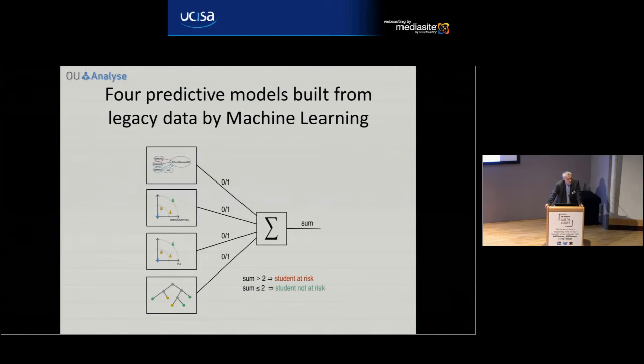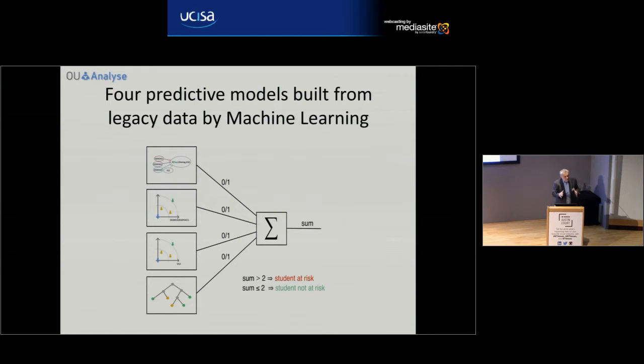Then we have two models which are using case-based reasoning. It's like in a legal system. We have the student, the pawn in the center, and around the student are his or her colleagues who are closest, in some sense, to our student, and we judge the result from the results of these colleagues, obviously in the past.